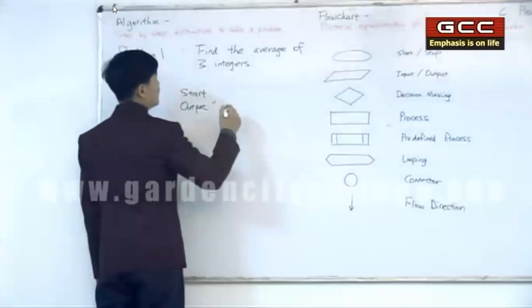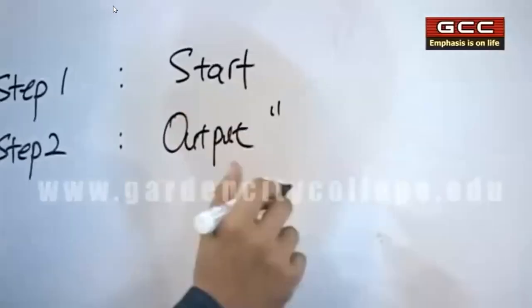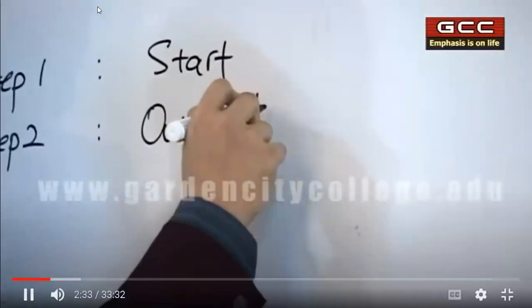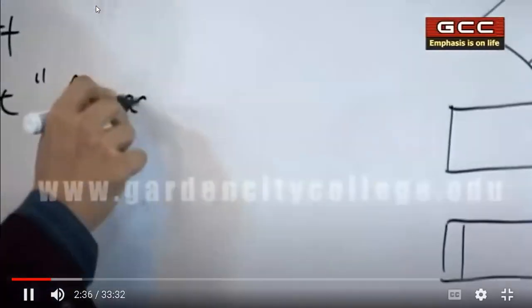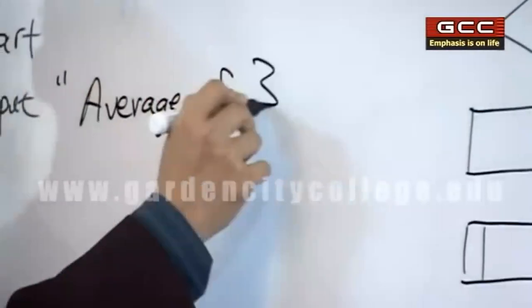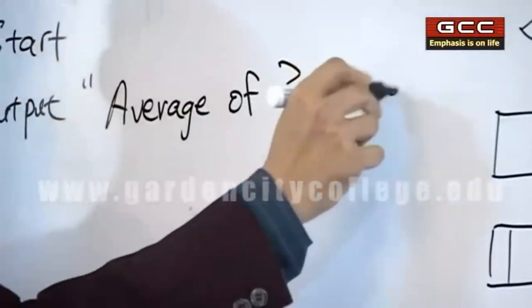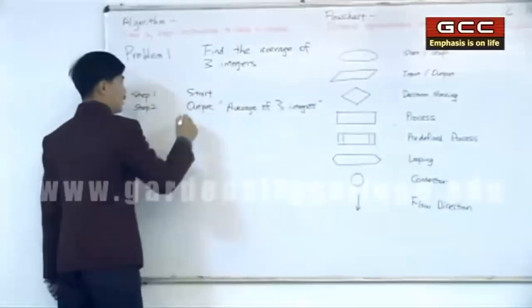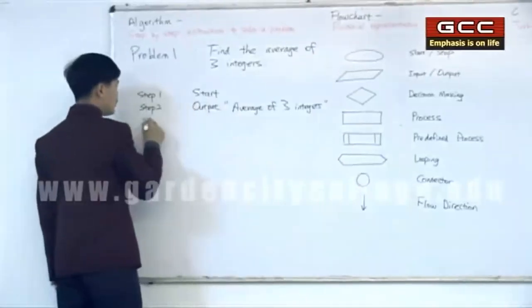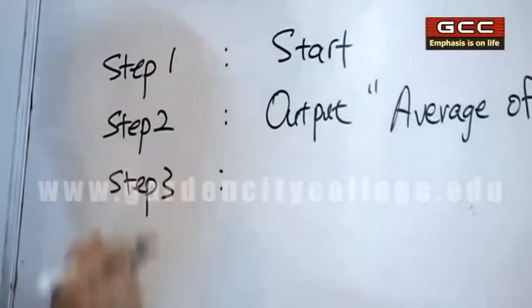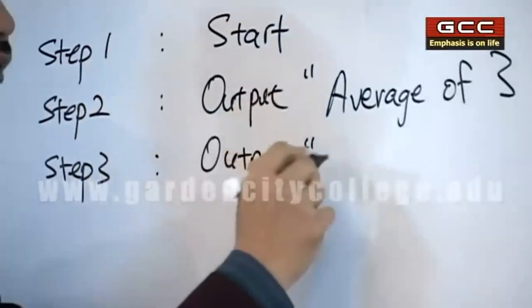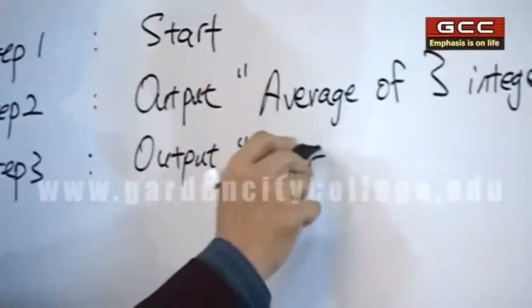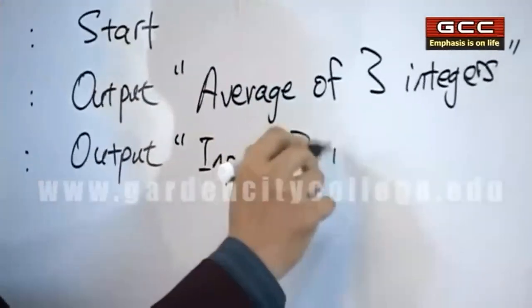First of all, we mention that this is a program to find the average of 3 integers. And of course, we also need to give the next instruction, that is to input 3 integers.